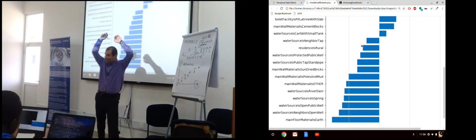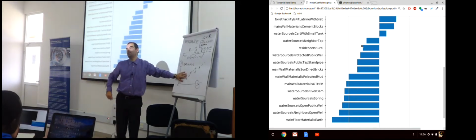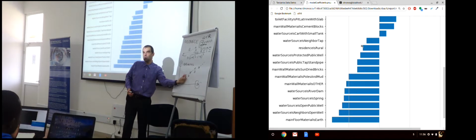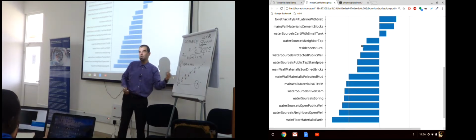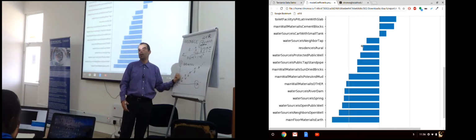It is exactly the same thing as when you do best line fit. So you can, best line fit, you have one input, one output. In our case, we have 25 inputs, one output. 25 inputs, which are the attributes.